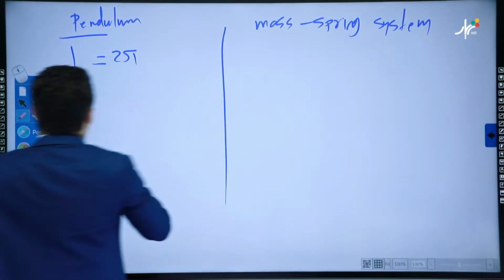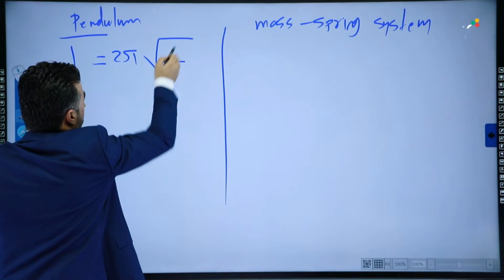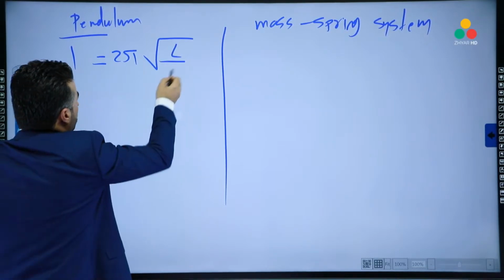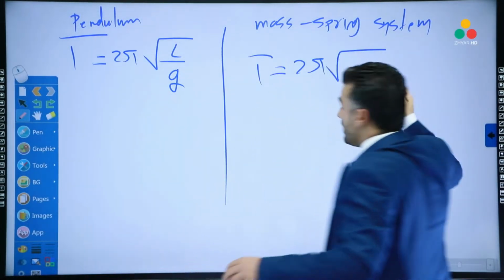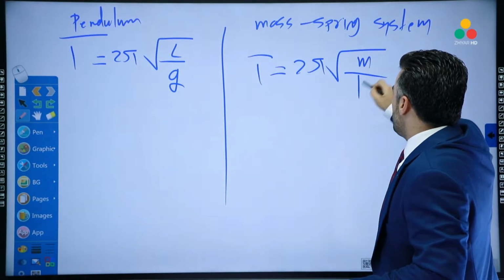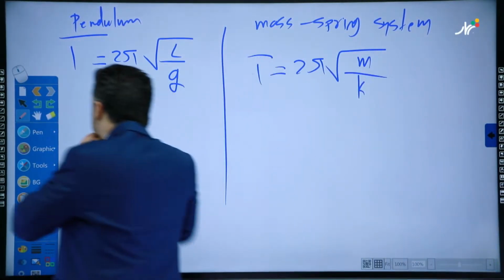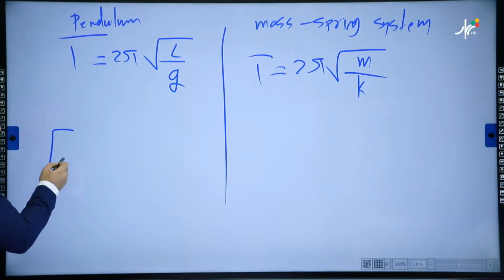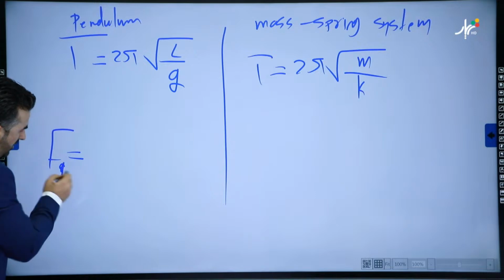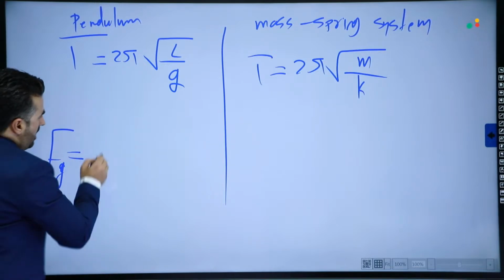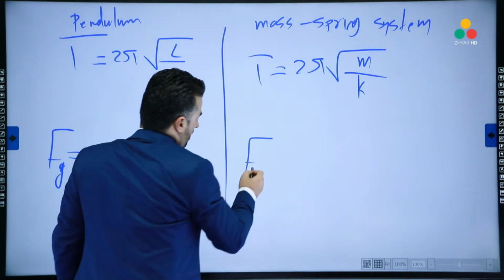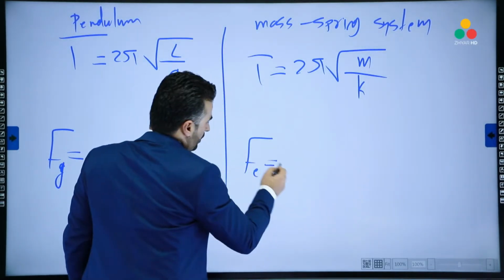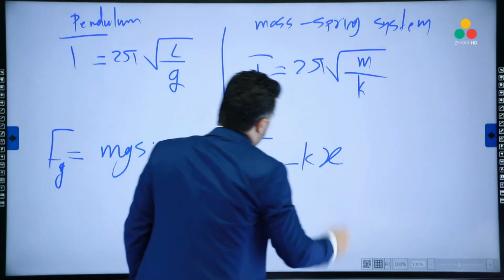The period for the pendulum would be 2 pi times the square root of L over gravitational acceleration, but the period here is going to be 2 pi times the square root of what? Of mass over the spring constant. And of course the restoring force here, let's say R for now, would be gravitational force, and that is mg sine theta. The restoring force here is elastic, which is equal to negative kx.